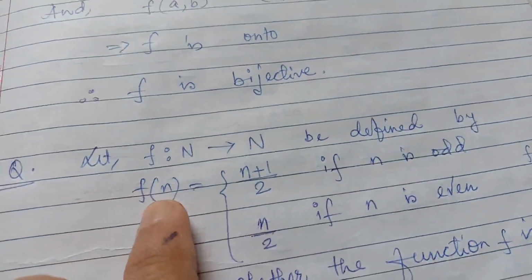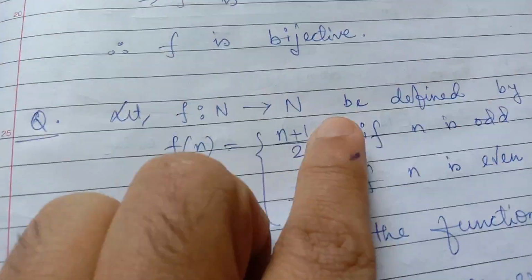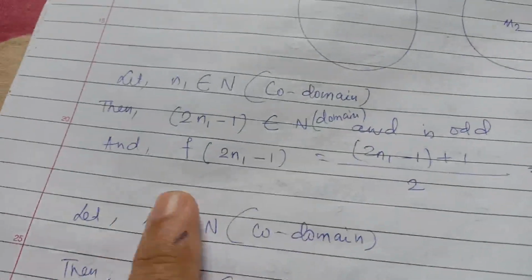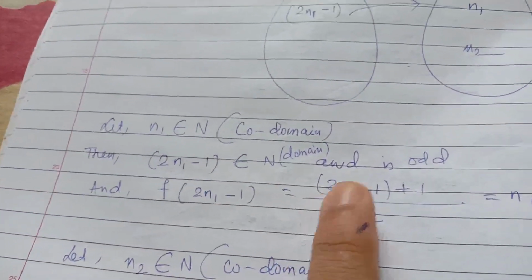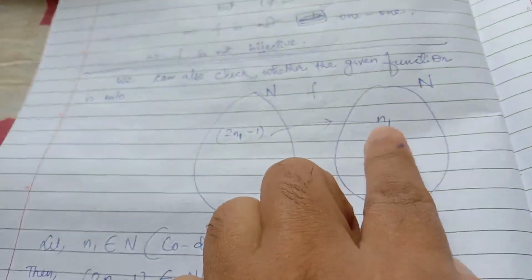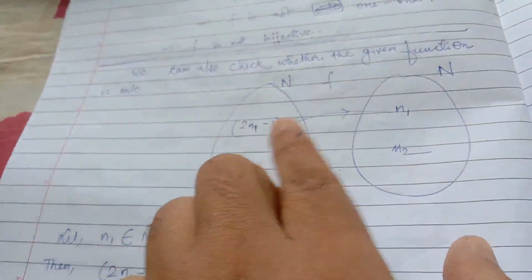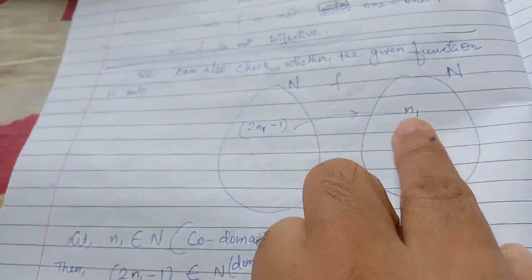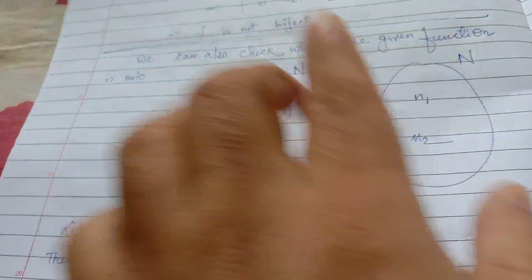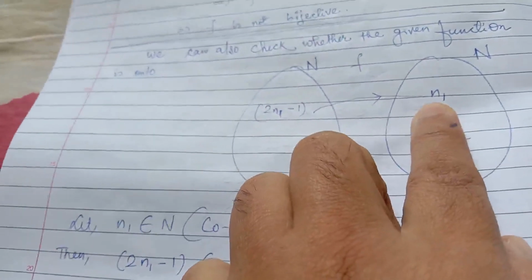So f of (2n1 minus 1) will be (2n1 minus 1 plus 1) by 2, ultimately n1. So if we take an element n1, we will get an element 2n1 minus 1, and f of this will be equal to n1. As n1 is arbitrary, we have taken any element of this set.